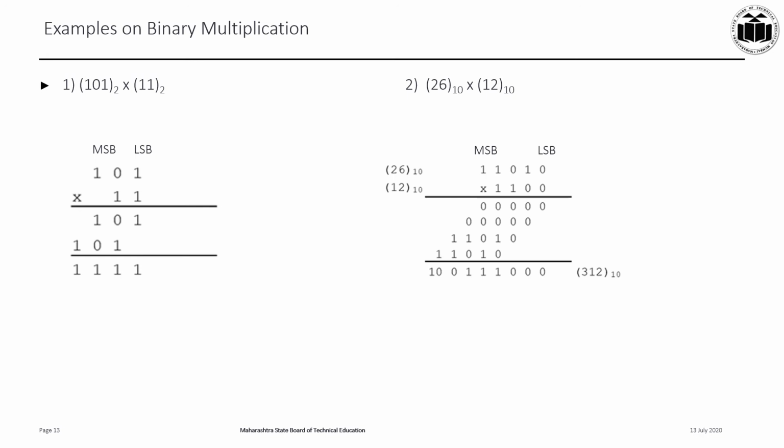For the MSB bit of the multiplier, you first need to shift by 3 positions to the left and multiply 1 with 11010, and the addition of all these 4 rows gives you 100111000, which is 312 in the decimal number system.